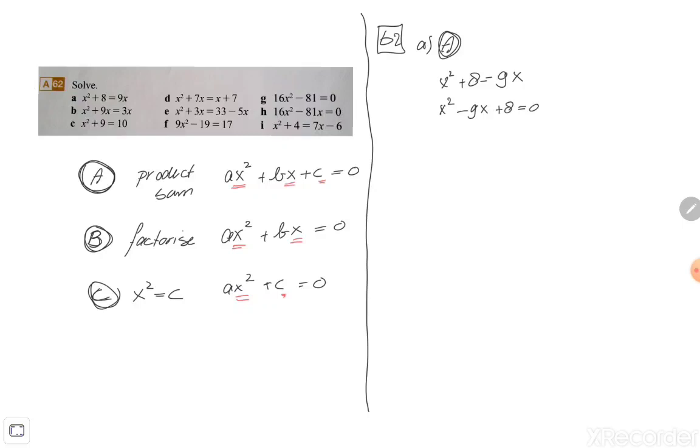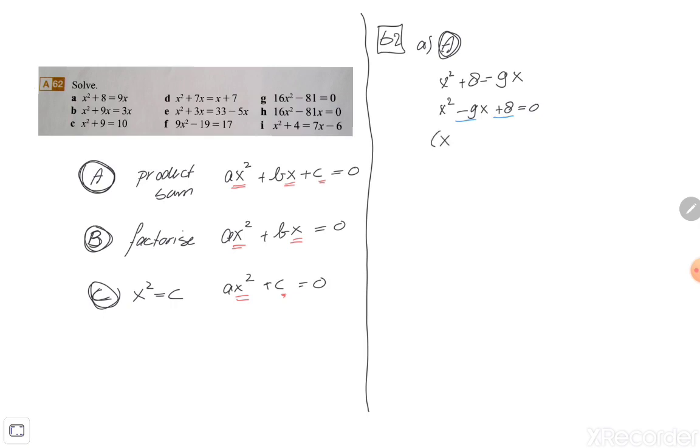Yeah, very important. Alright, to use the product sum method, we need to find a multiplication, what is 8, and if we add them, you get minus 9. Like 4 times 2, because 4 times 2 is 8, but if I add them, you get 6 and not minus 9. So maybe 8 and 1, because 8 plus 1 is 9, but again, not minus 9.